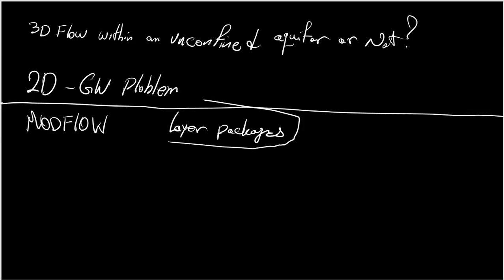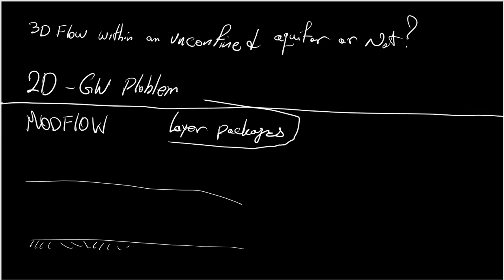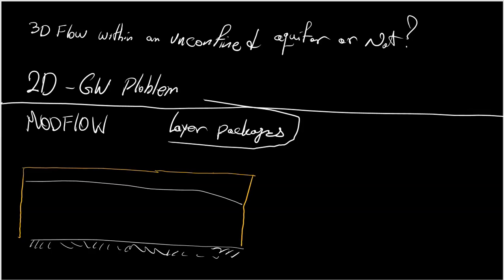So if this is my unconfined aquifer, and I want to discretize this system and use cells, for example, I would model my unconfined aquifer like this.